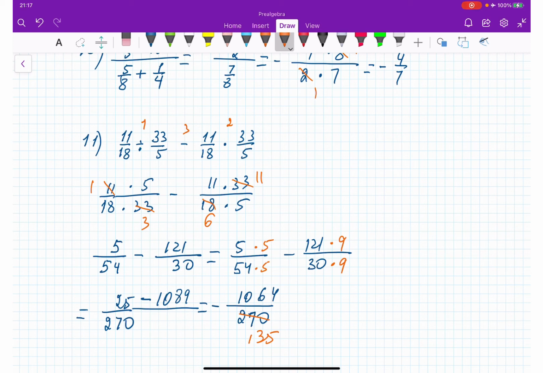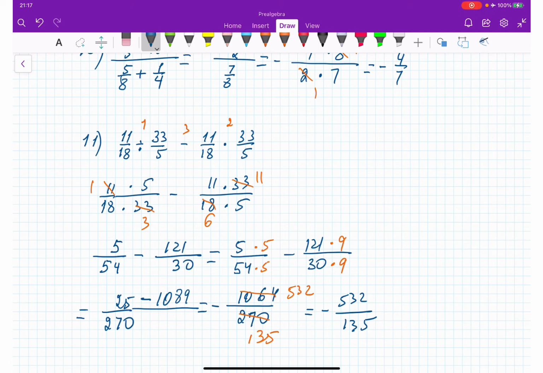And 1064 divided by 2 is going to be 532. So the final answer here is going to be negative 532 divided by 135. Okie dokie, we made it.